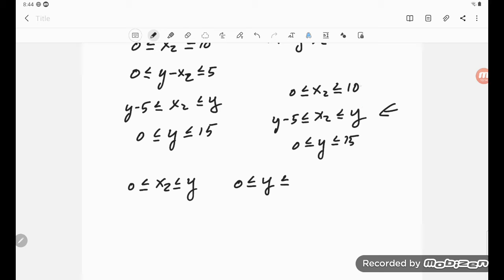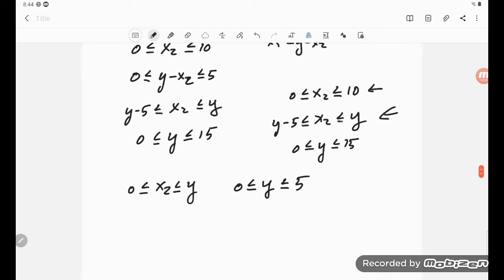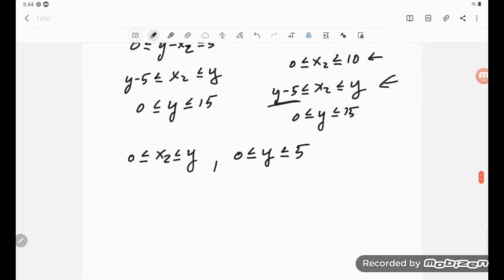Now, before, we went up to whatever x1 had been, which was 5. But what happens here is, at y equal 5, we could still go up higher on the second inequality because the x2 is less than or equal to 10. But once we hit 5, this part all of a sudden gets to 0 and then starts being a bound on the x2. So we'll still be between 0 and 5.